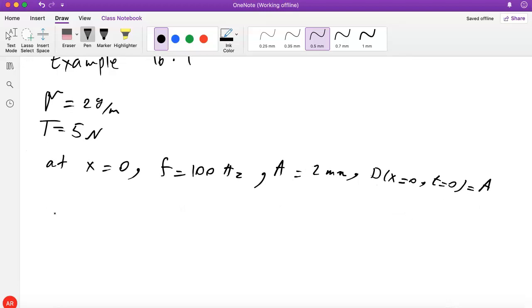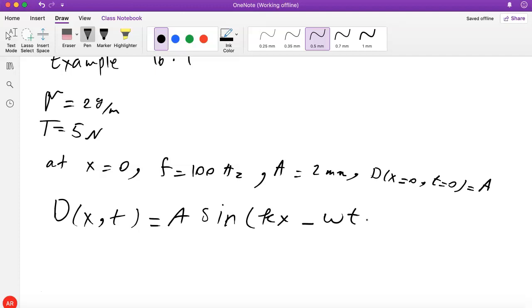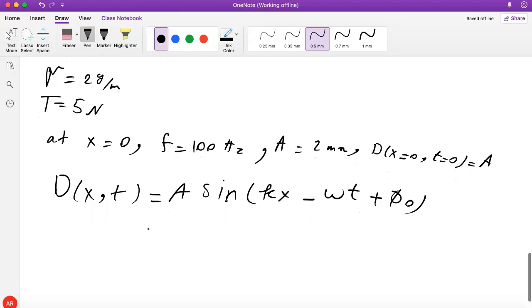So we know the general form for some phase constant must be d of x and t, right? The displacement at position x at time t must be A, the amplitude, sine kx minus omega t plus some phase constant. Now, what is omega?